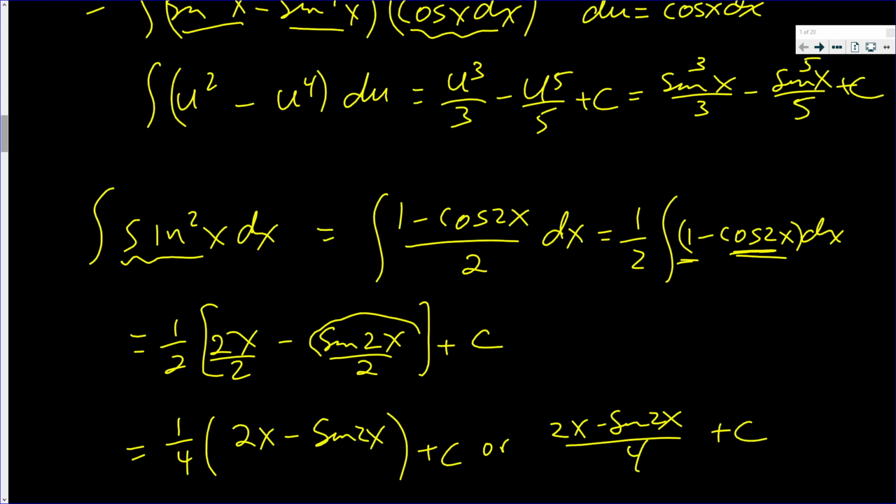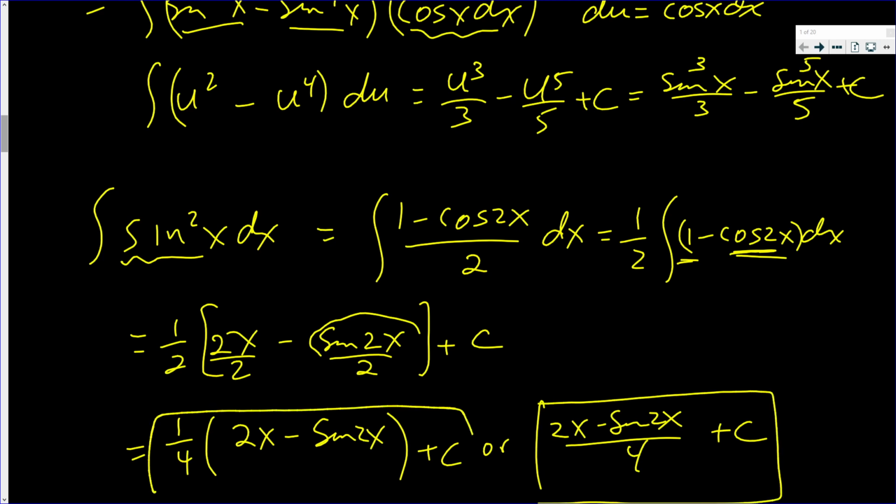Any one of those three answers should be acceptable, especially these two at the bottom. If you're going to leave the one above, then don't write the 2 over 2. Okay, that finishes that integral.